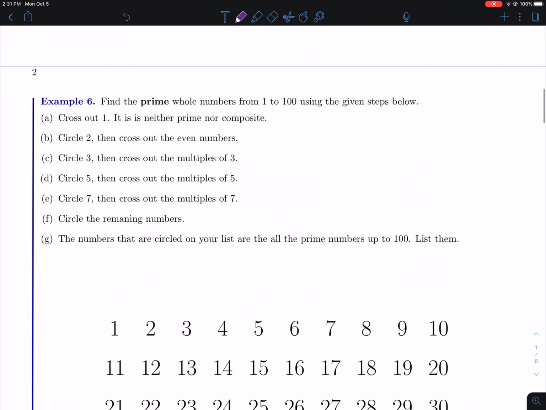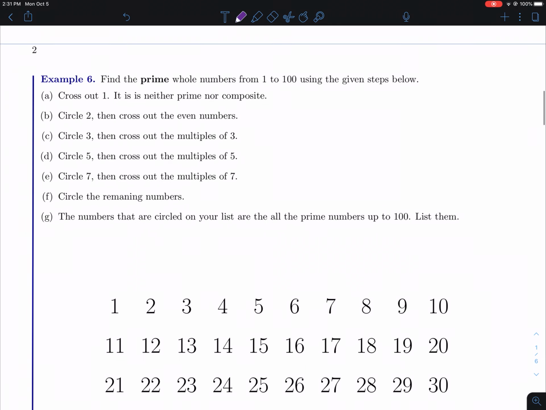So first off, you might be wondering, what is a prime number? In case you've forgotten, numbers are basically broken into prime or composite, except for 1 and 0.